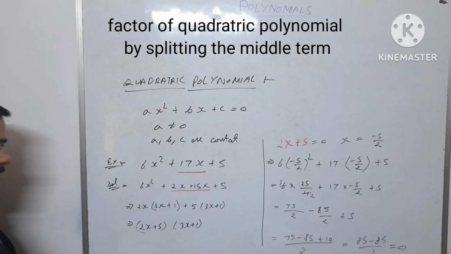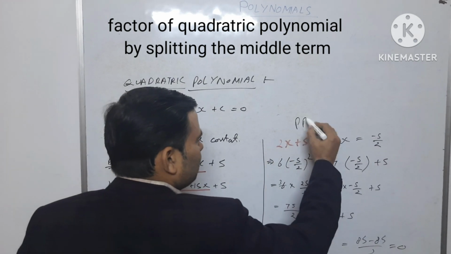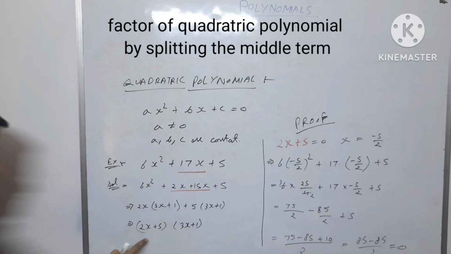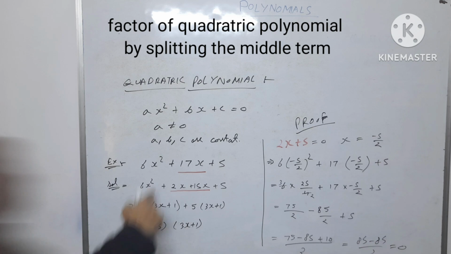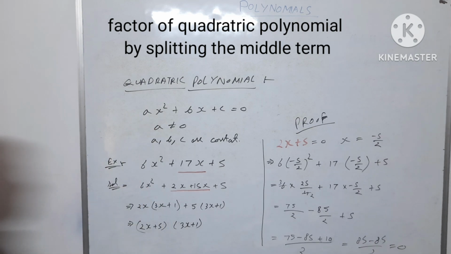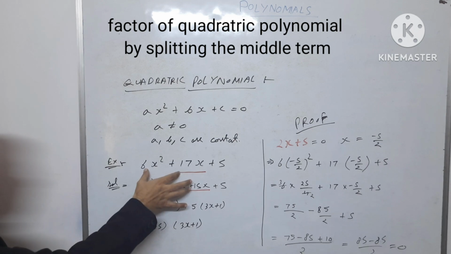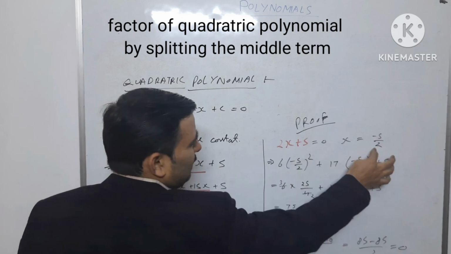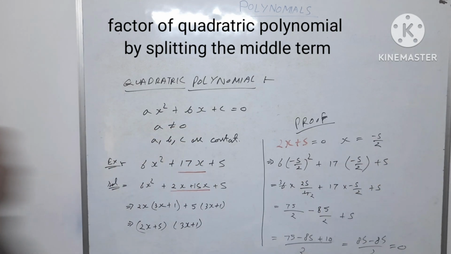So here is the proof. We can say that this is a factor of this quadratic polynomial, because after putting this value we get the polynomial equal to 0, and minus 5 by 2 is a root of this quadratic polynomial.